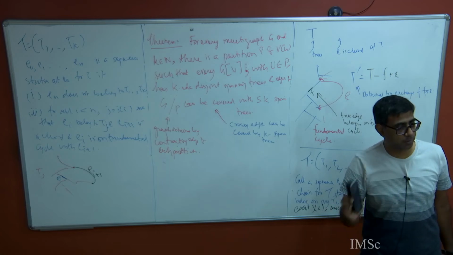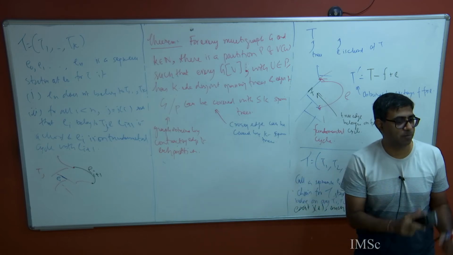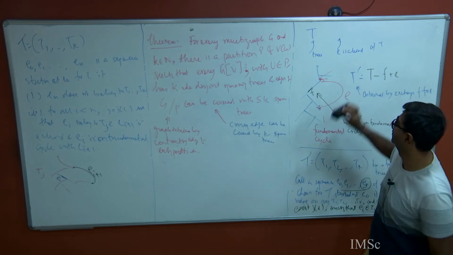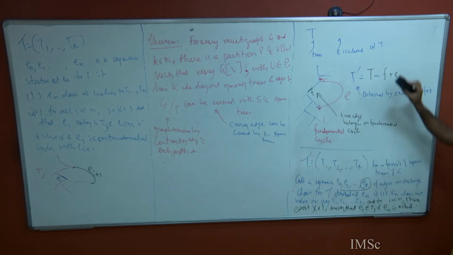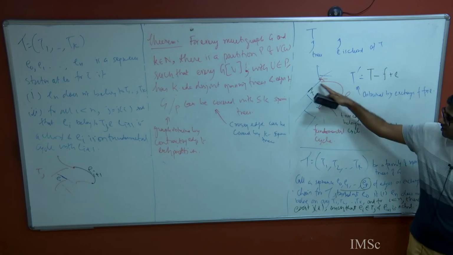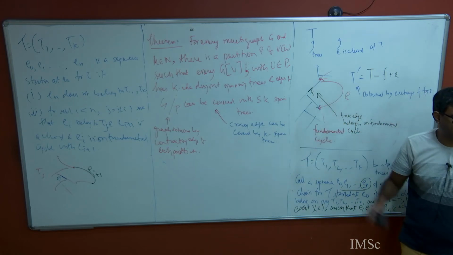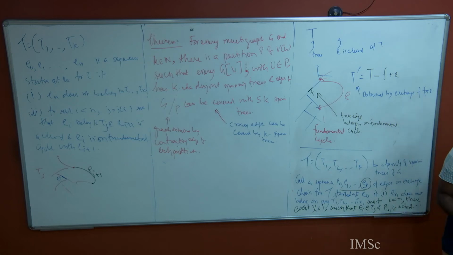We will see what properties we need and whether they are satisfied. Only two things I want you to note: given a tree, an edge that does not belong to it is a chord, and adding it creates a unique cycle. Any tree edge on that cycle is a fundamental cycle edge.